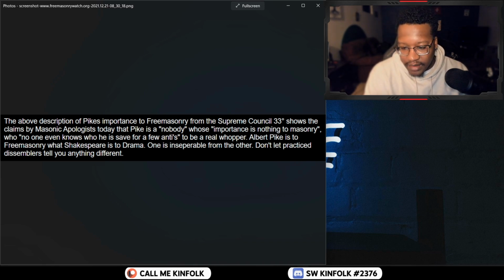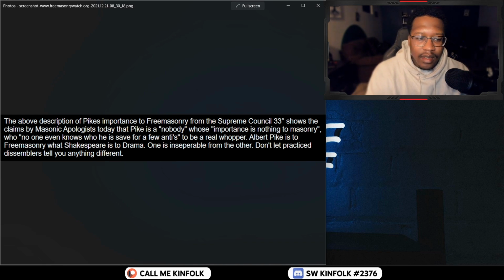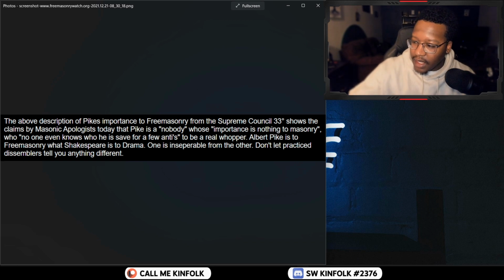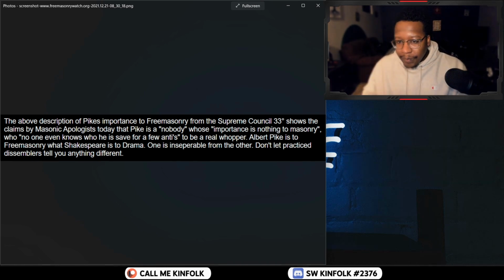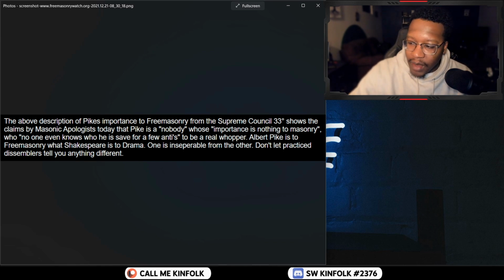So they're trying to minimize all of his, I'm not gonna say accomplishments, but all the things that he pushed towards Freemasonry, because they know what that man really stood for. So they're trying to keep away that image.